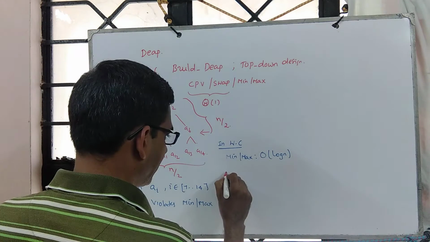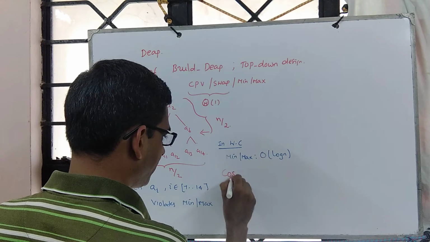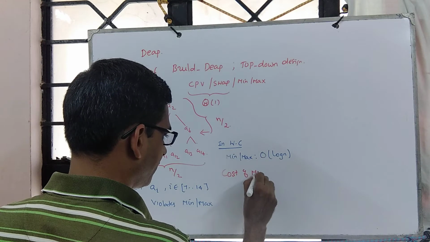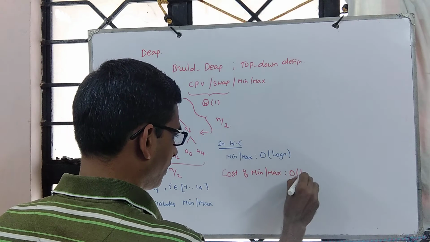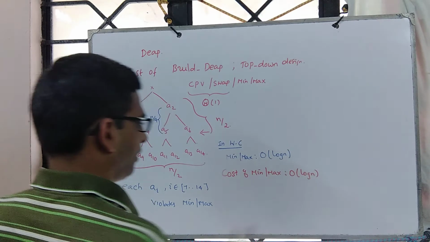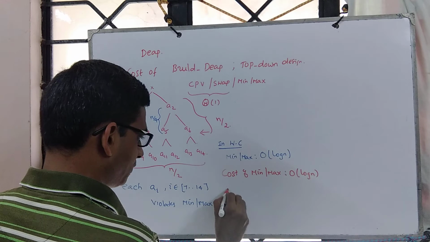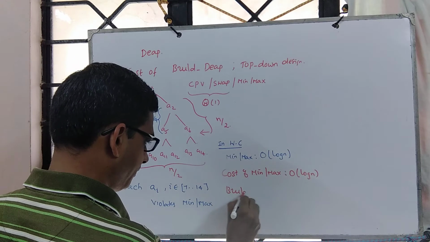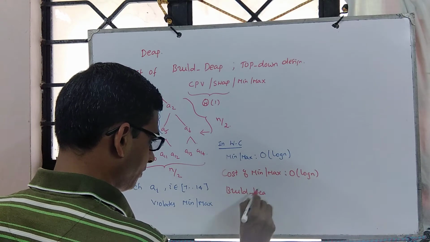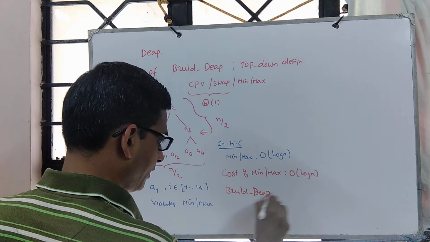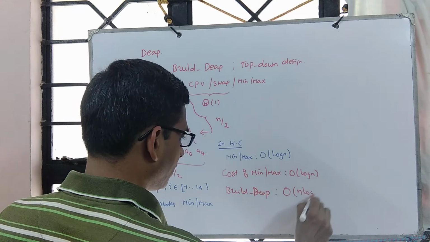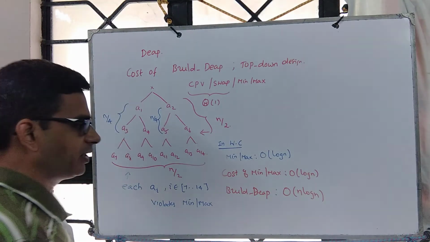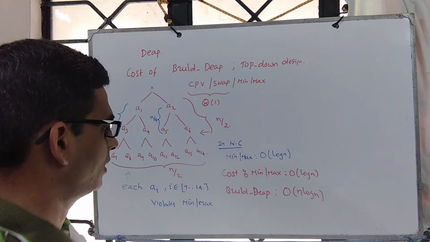So that shows that if you look at the cost of min or max, it is order log n. So which means what is the cost of build deap? Build deap, it is order n times log n. Again, this is following top down approach.